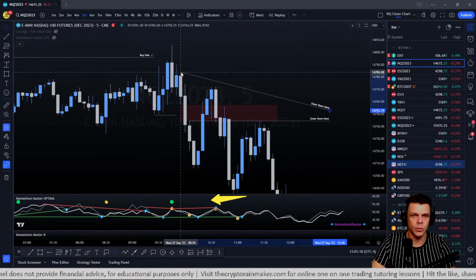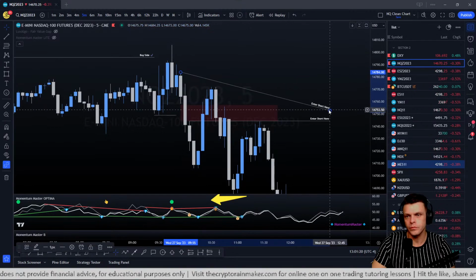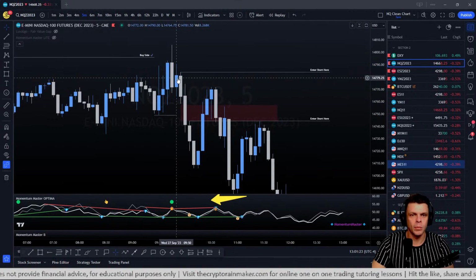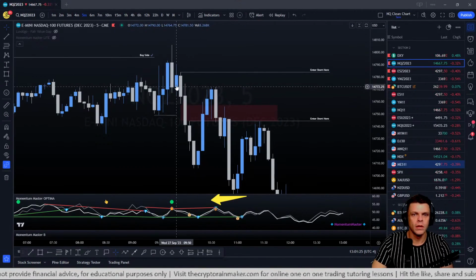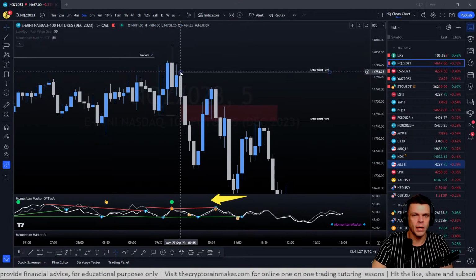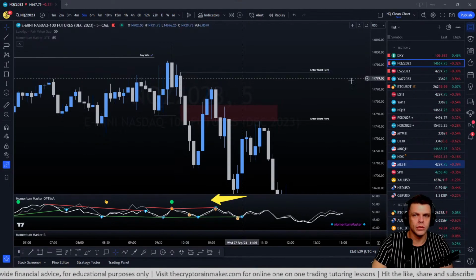And then, like we said earlier in the stream, the fair value gap is a 3-candle formation. If you go short, your stop is above the high of the first candle.